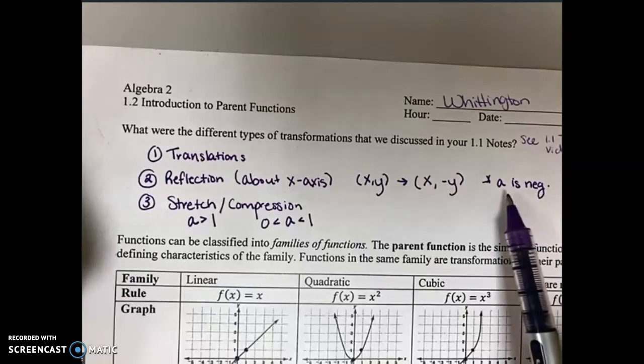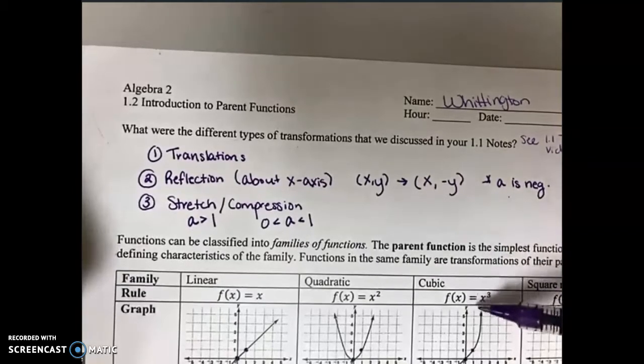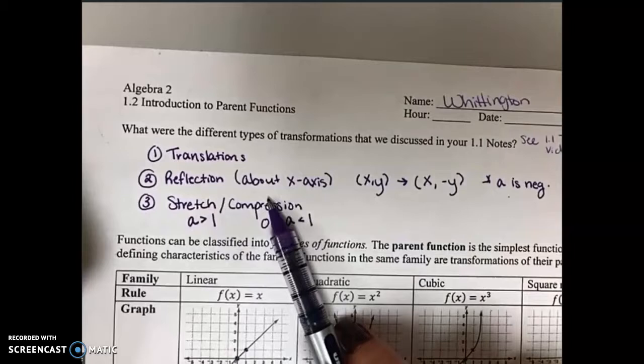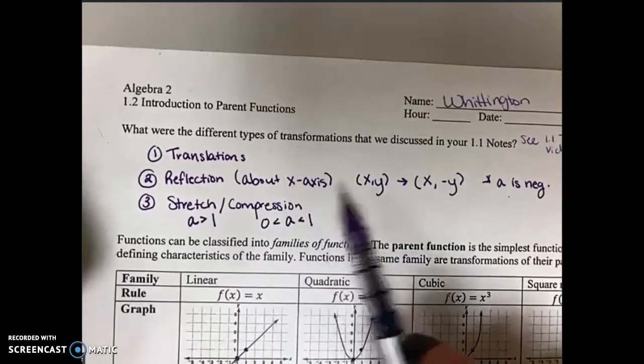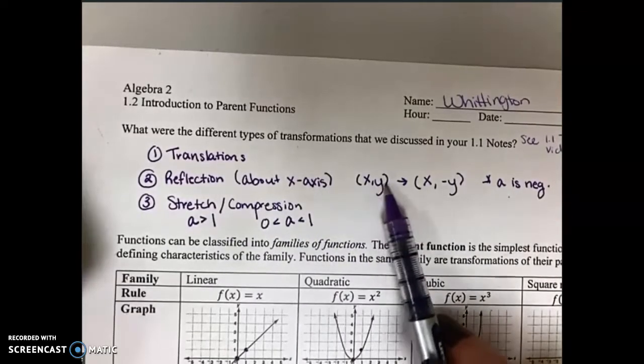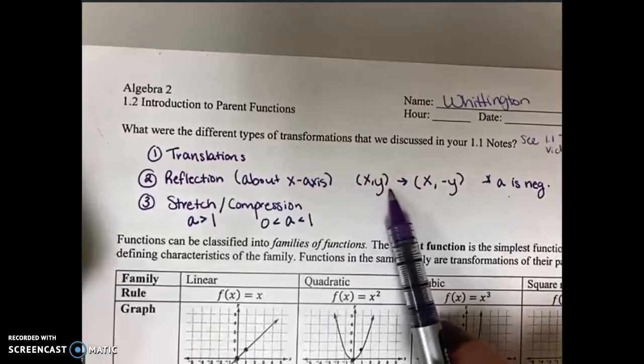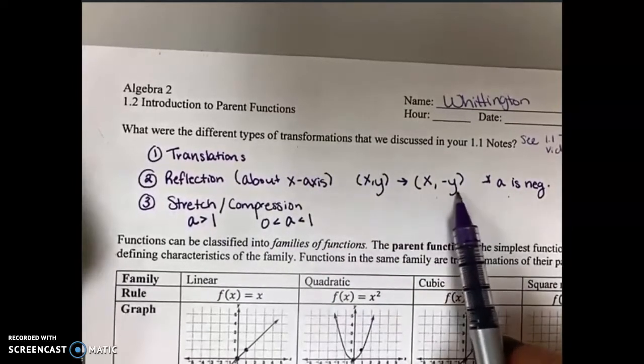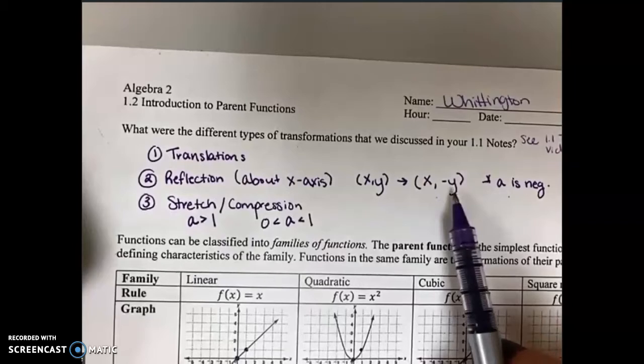The a value is the number in front of the power. Okay? So when that is negative, we're going to have a reflection, and we're going to stick to just reflecting about the x-axis for now. The rule that we noticed last time was if I have the original point x, y, after a reflection, it becomes x comma negative y. The y was opposite.